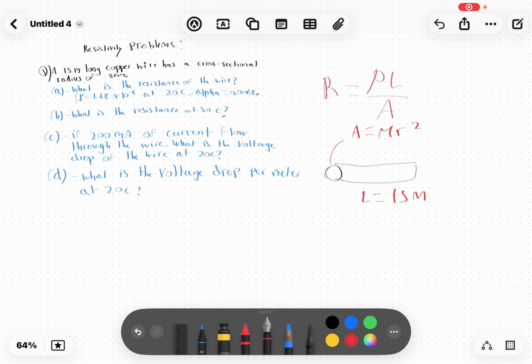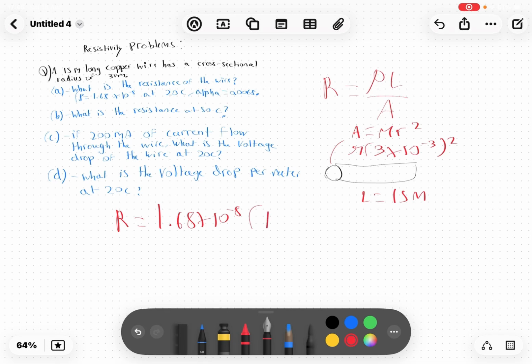So we can just divide it by 1,000, or in the calculator, we can just write pi times (3 times 10 to the power minus 3) and then squared, and then put it all in the calculator. So R will equal 1.68 times 10 to the minus 8, because again, we're given it here, guys.